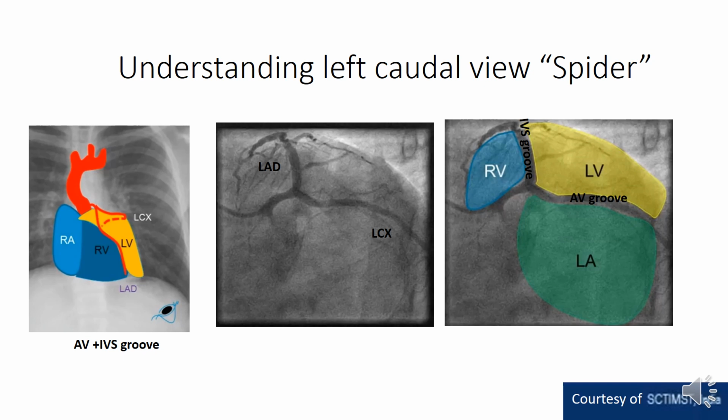With chamber orientation, LED running in the interventricular septal groove, separating right ventricle from left ventricle, and circumflex artery running in the AV groove, separating the left atrium from left ventricle. This picture is quite similar to a spider, so it is called spider view.